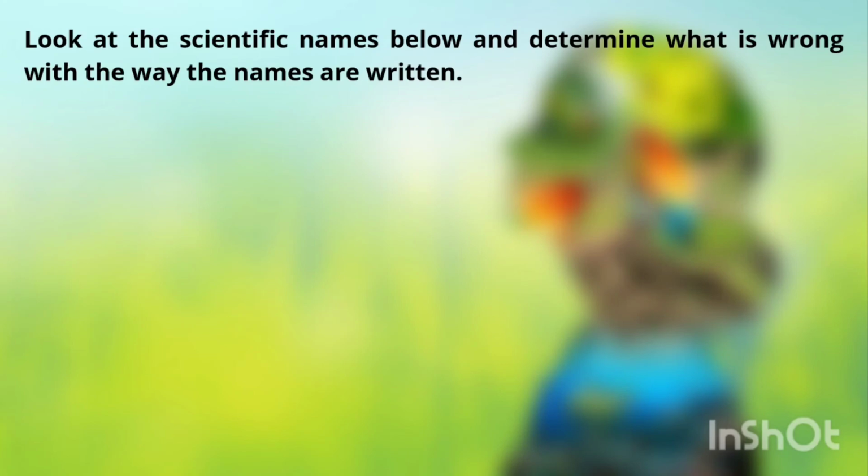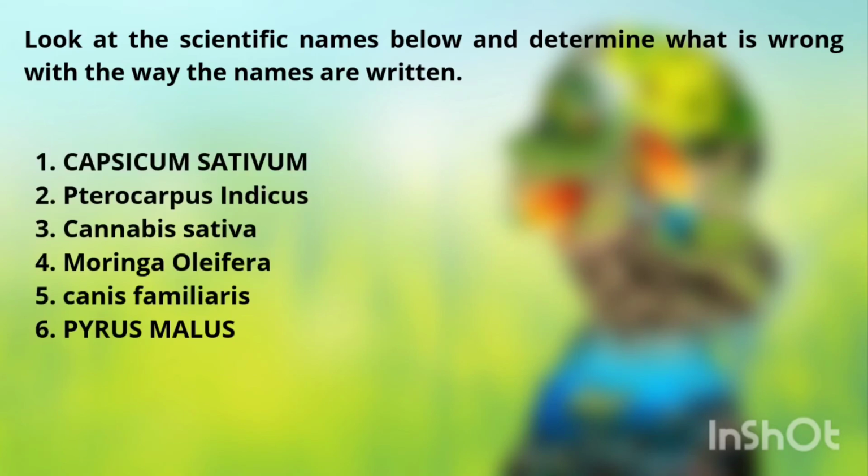Now look at the scientific names below and determine what is wrong with the way the names are written. So you have Capsicum sativum, Pterocarpus indicus, Cannabis sativa, Moringa oleifera, Canis familiaris, and Pyrus malus. Okay, you may pause this video so that you can rewrite the scientific names correctly.